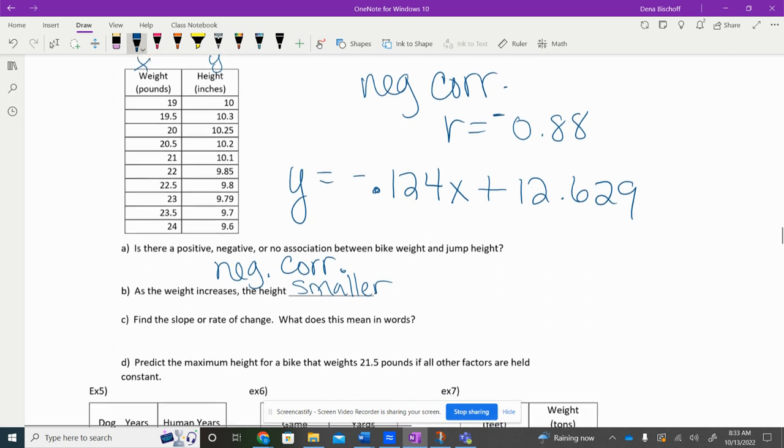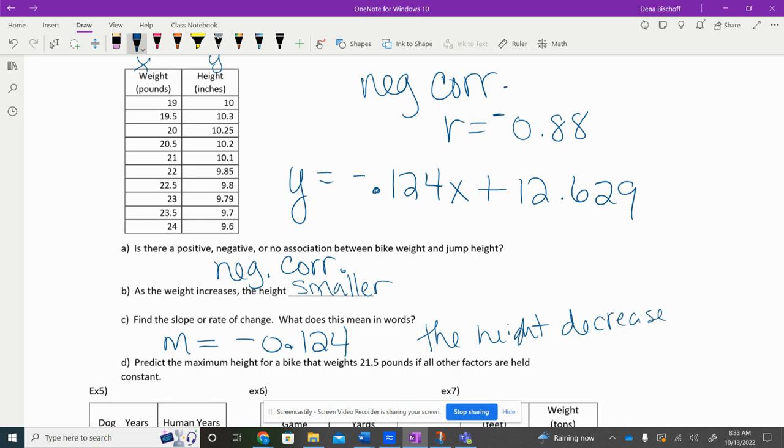It says find the slope or the rate of change. Well, we know that the slope is the negative 0.124, which we rounded. What does this mean in words? It means that the height decreases by 0.124 inches per pound of bike, because that is what our units are given to us.